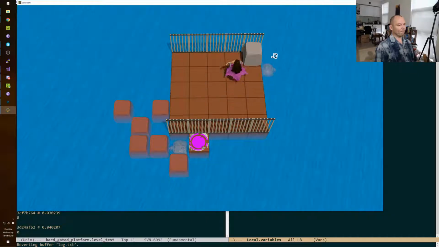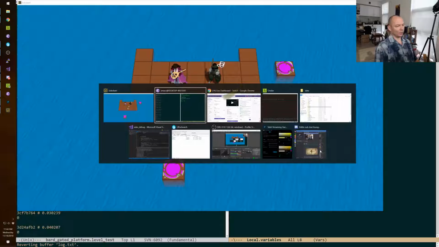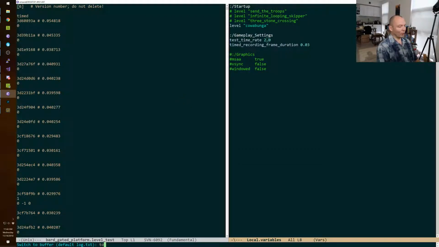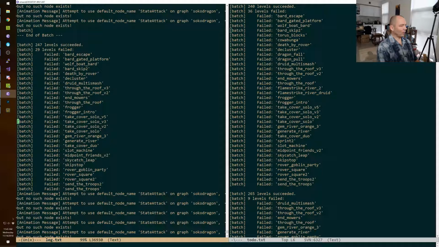So again, I think the test fail on this level is down to a timing change. And we're going to have lots of timing changes probably. So I'm not sure how worried I should be about that level. Problem is we have 29 failing, minus 9 that we know should fail.